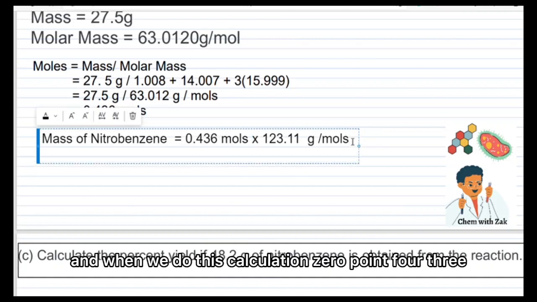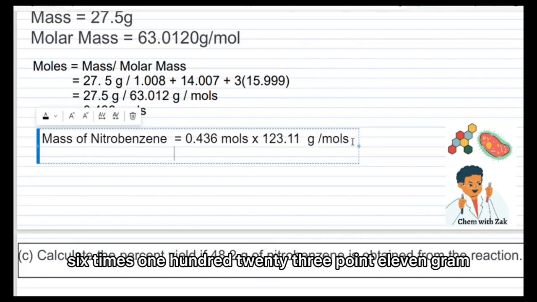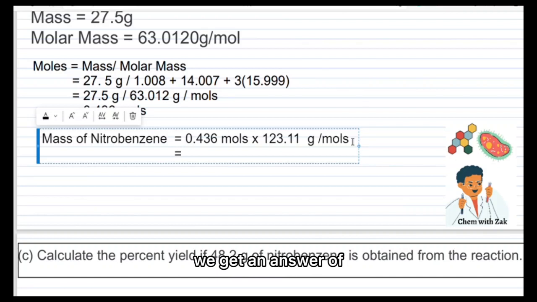And when we do this calculation, 0.436 times 123.11 gram, we get an answer of, let's work it out, 53.7 grams of nitrobenzene.